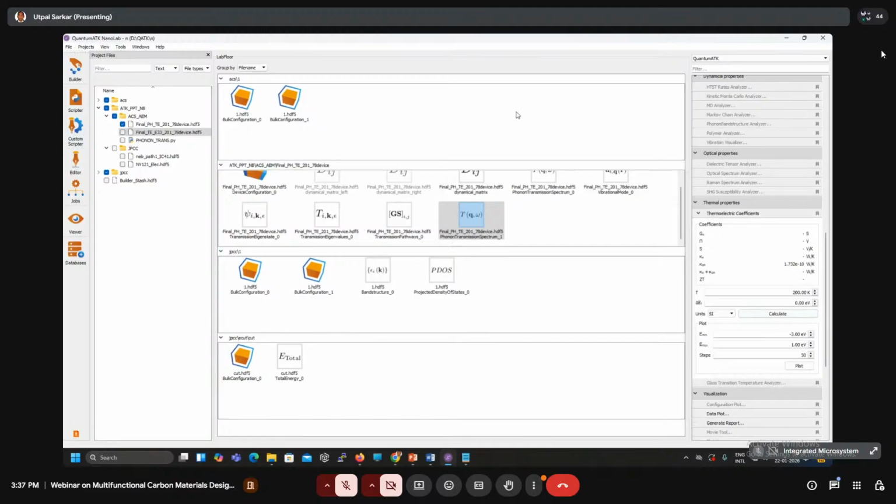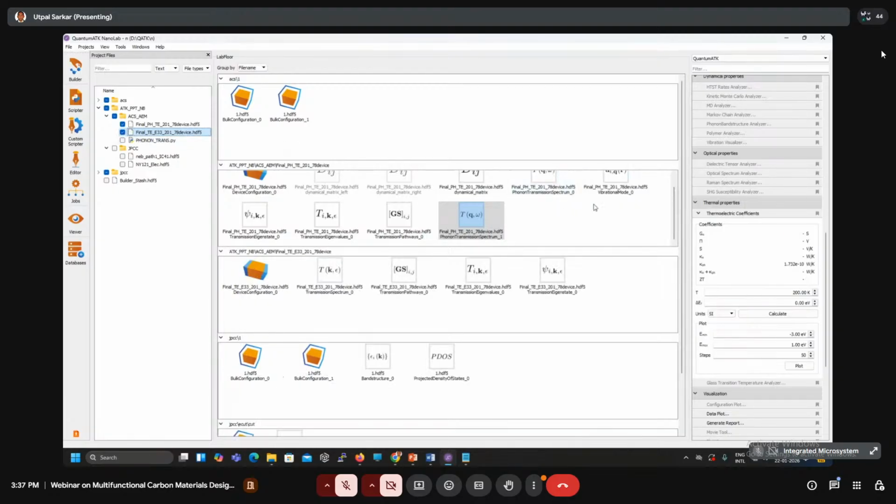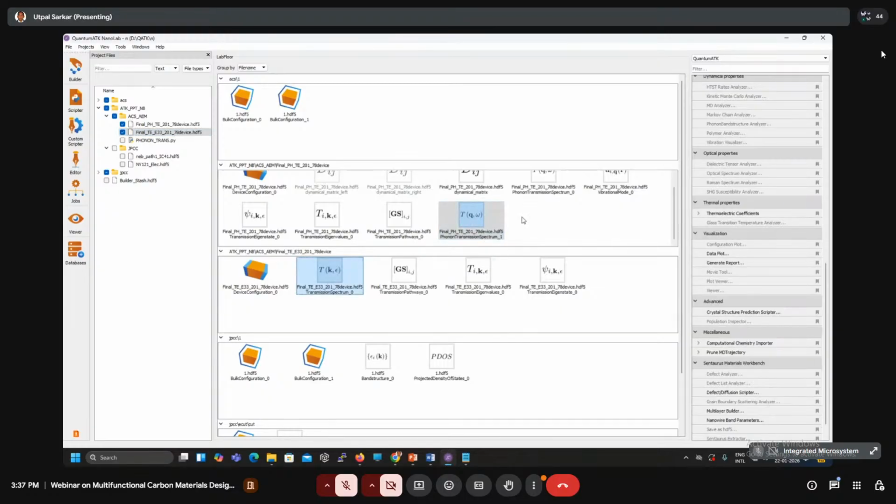And for ZT calculation, ZT means total thermoelectric figure of merit, we have to select both the electronic transmission as well as the phononic transmission. So this is the transmission for phonons, and this is the transmission for electrons. We have to select both for calculating the total thermoelectric figure of merit.